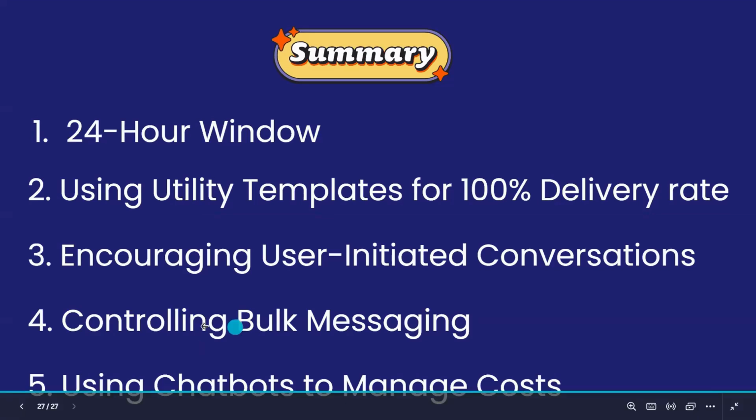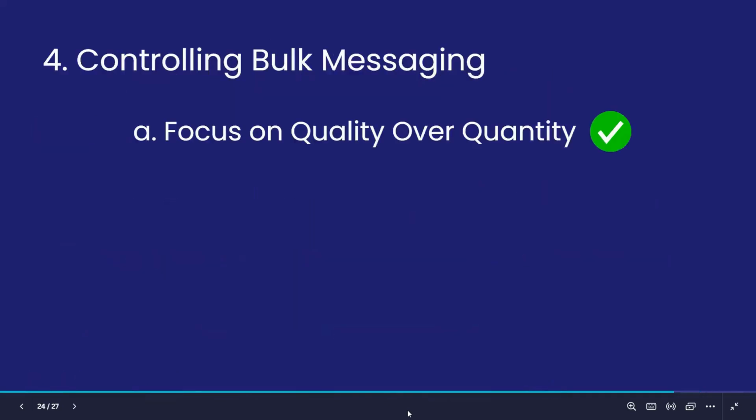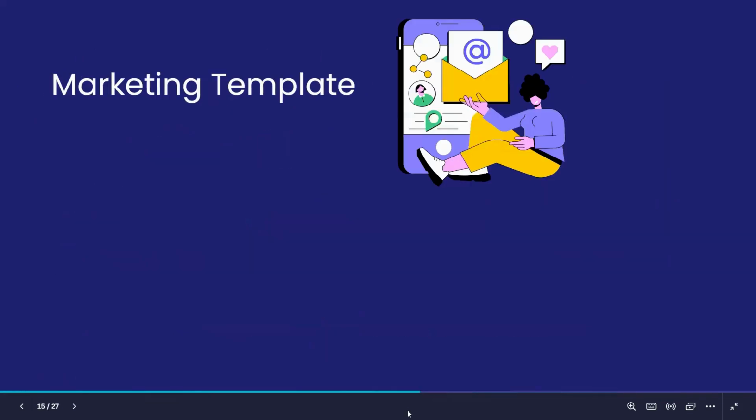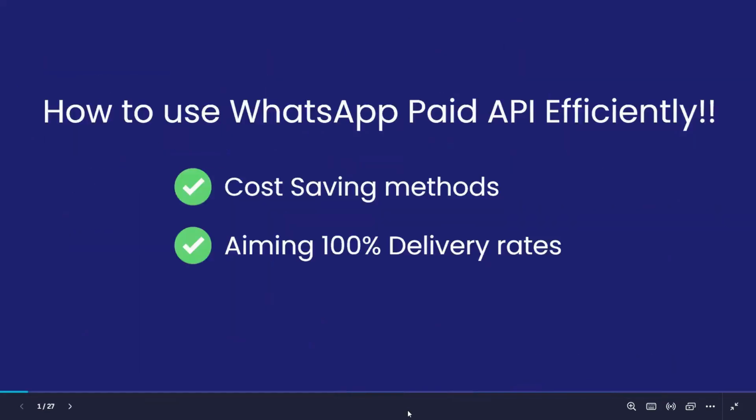And you can use chatbots to manage the cost. As soon as someone responds to you in the 24 hour window, your chatbot is working for you and sending the messages. So this is a very short and high impact session where you have seen how to save cost and increase delivery rates.